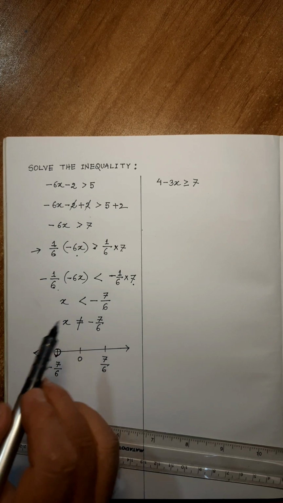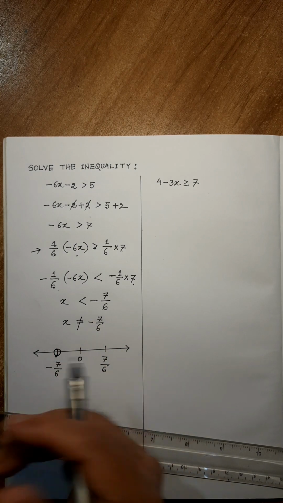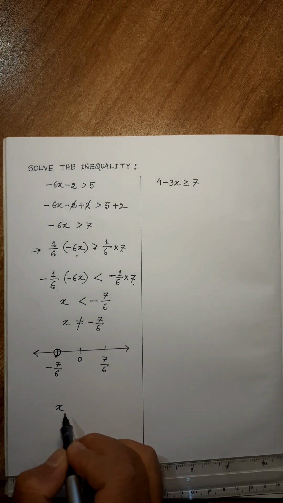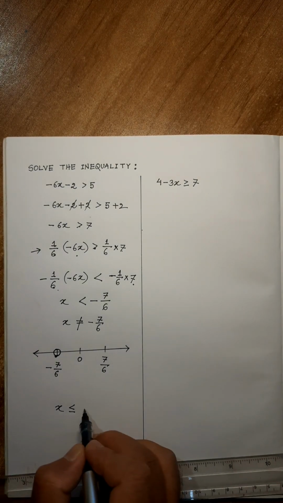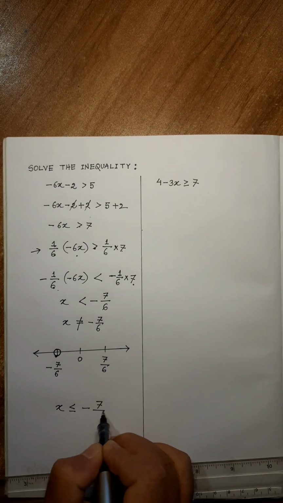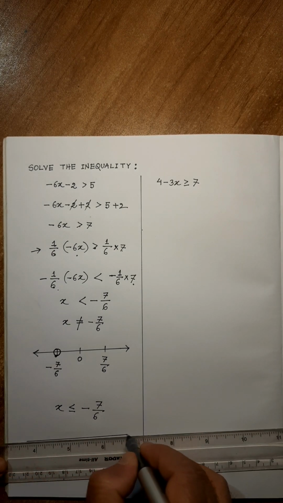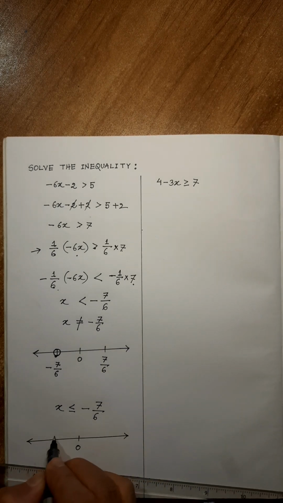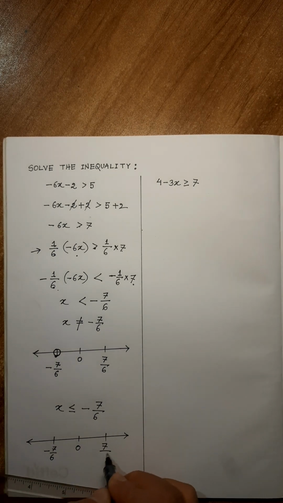If instead of having this inequality sign, we also had an equal sign attached to it, for example, if the situation was like this, x is less than or equal to negative 7 over 6, in that case we would have that same number line, that same 0, that same negative 7 over 6, positive 7 over 6.